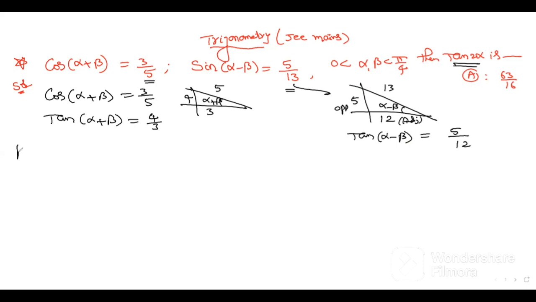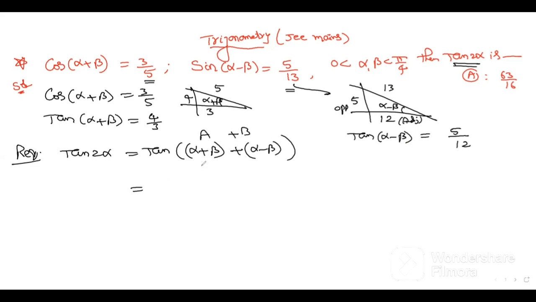What is required here? The required is tan 2 alpha. So 2 alpha can be written as alpha plus beta plus alpha minus beta. The beta gets cancelled. Tan 2 alpha is equal to tan according to the tan(A plus B) formula, right?